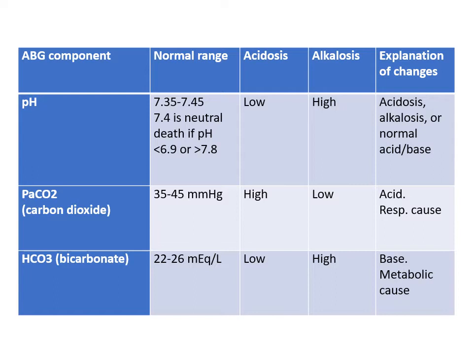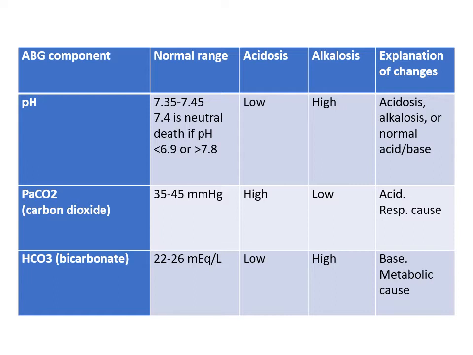That's usually because the patient is breathing too fast, or the machine that they're attached to, the mechanical ventilator, is breathing too fast for them. The setting is too high. Okay, so typically when you're looking at your CO2, if it's abnormal, it's going to be a respiratory problem. If it's too high, it's going to result in a respiratory acidosis. If it's too low, it's going to result in a respiratory alkalosis.